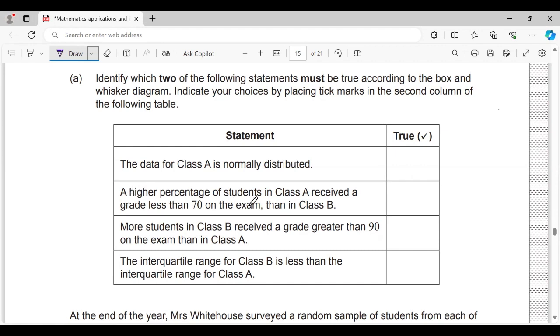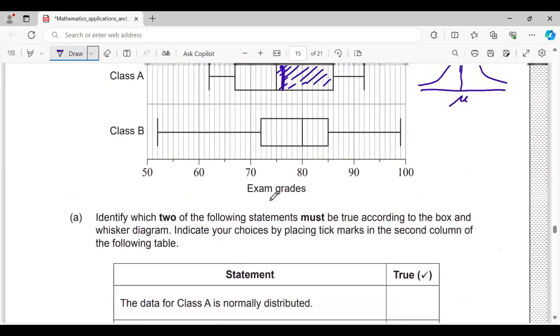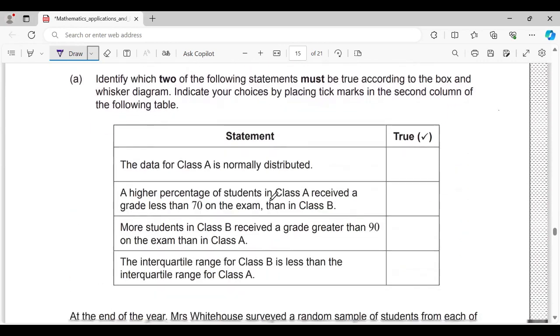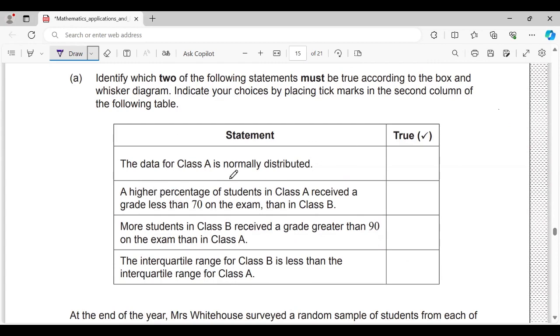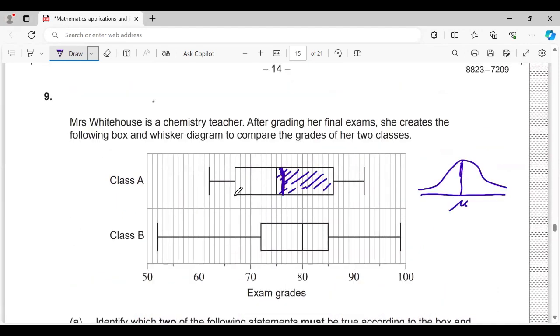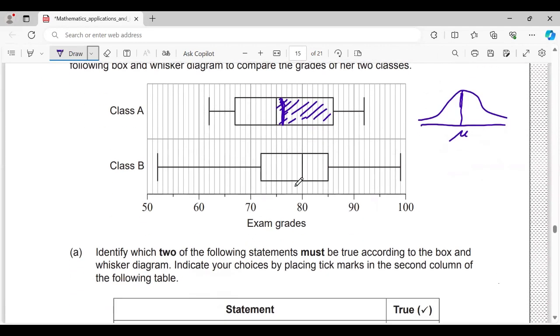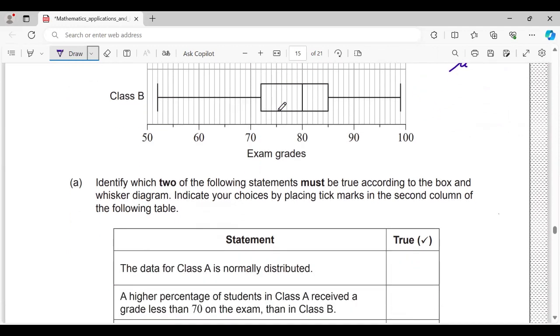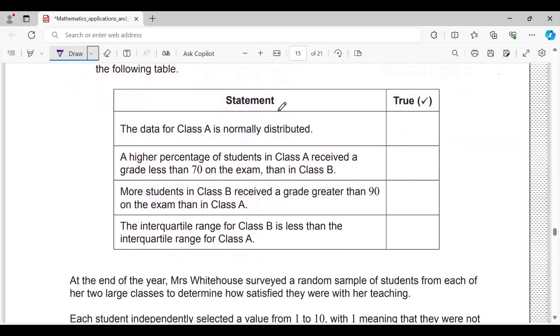A higher percentage of students in class A receive a grade less than 70 on the exam than in class B. Okay, let's check. Less than 70, it means less than 70 rather than class B. So it is correct.